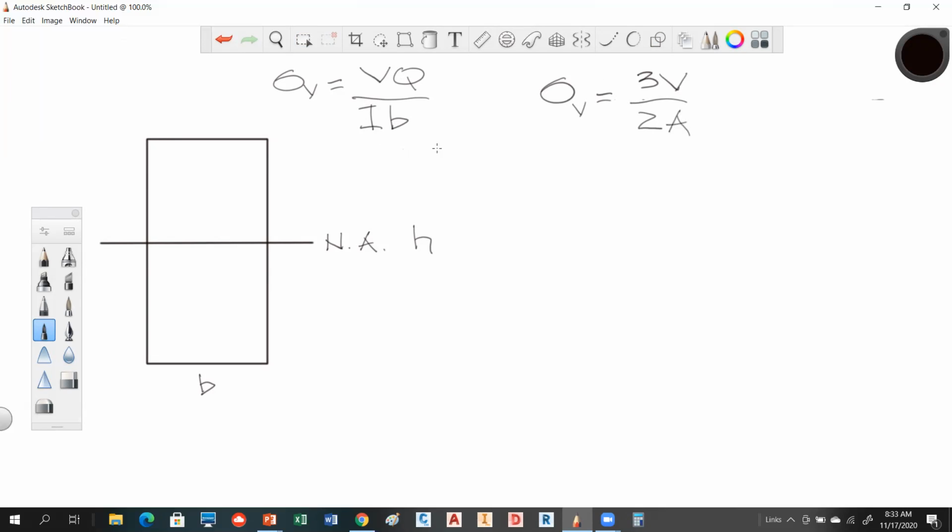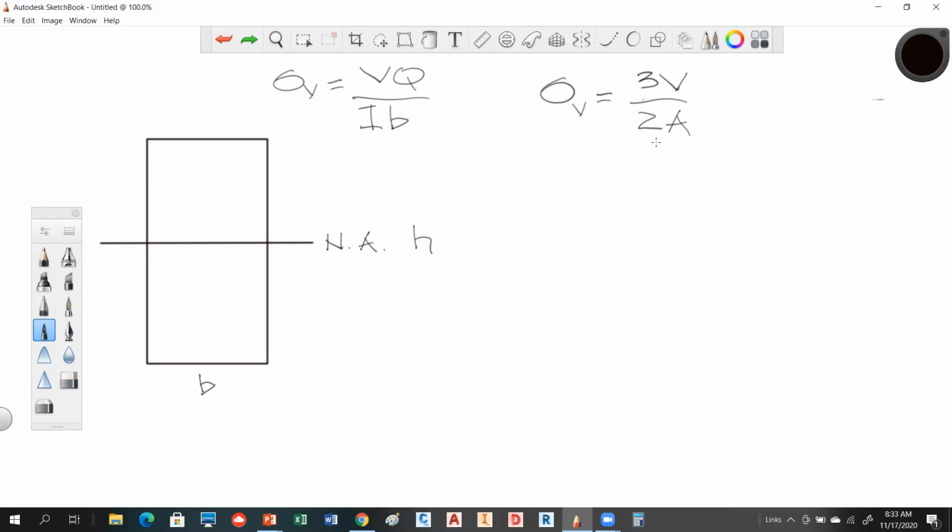These equations are exactly equal as long as you have a rectangular cross section. If you don't have a rectangular cross section, then they're not equal. So you have to understand that first. But let's take a look at how this got converted into that.